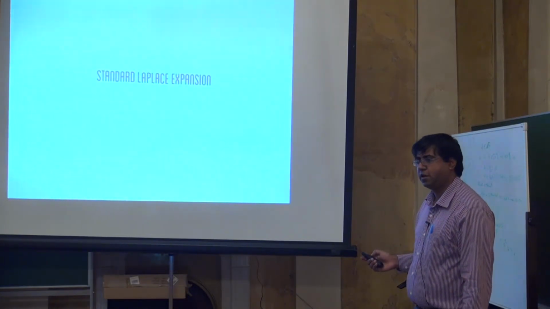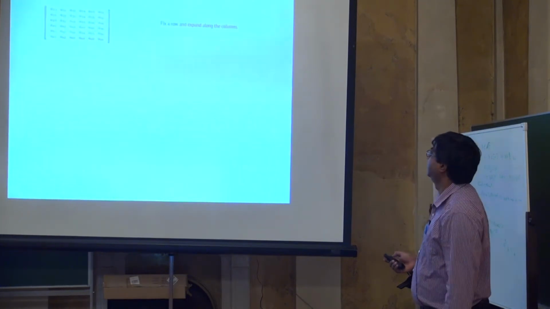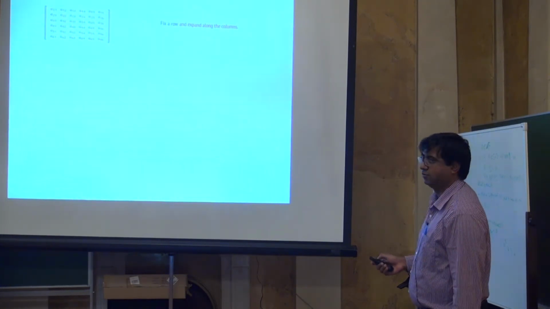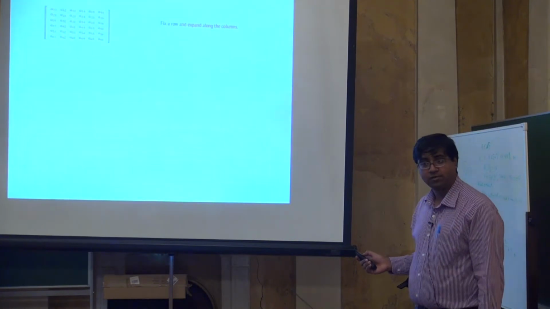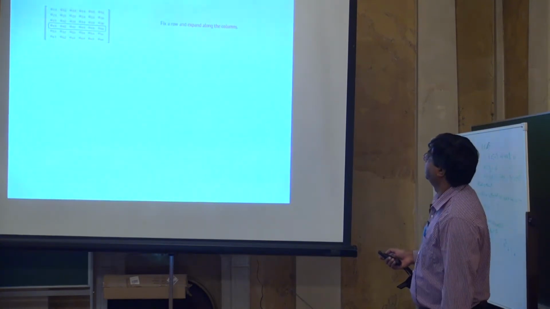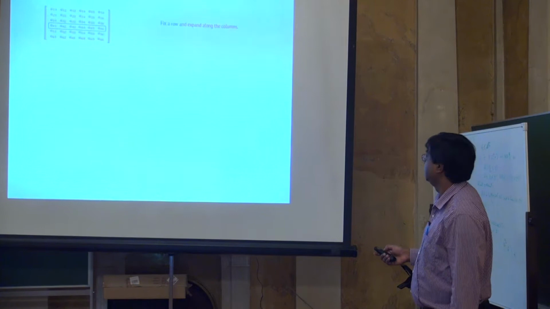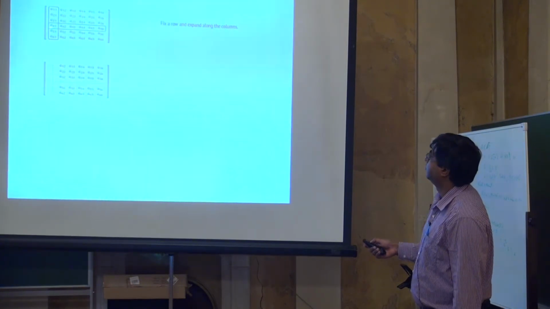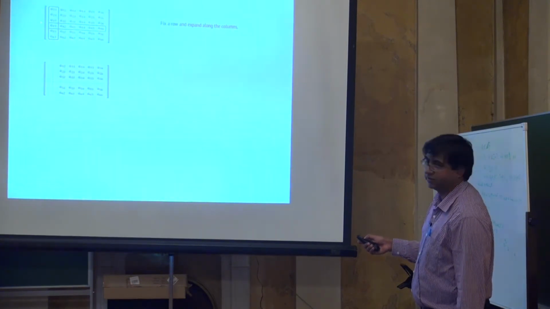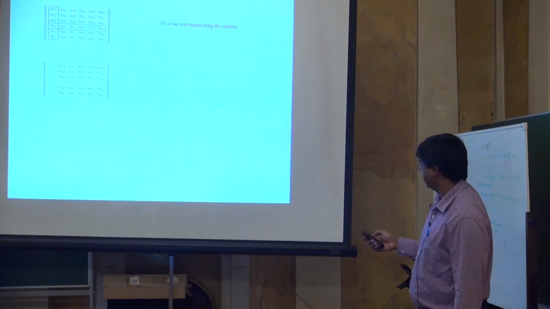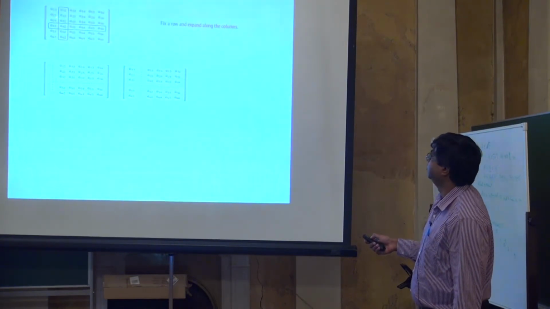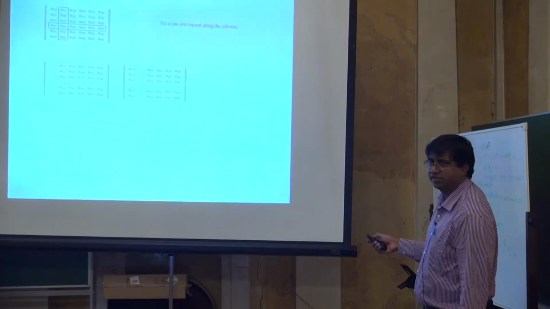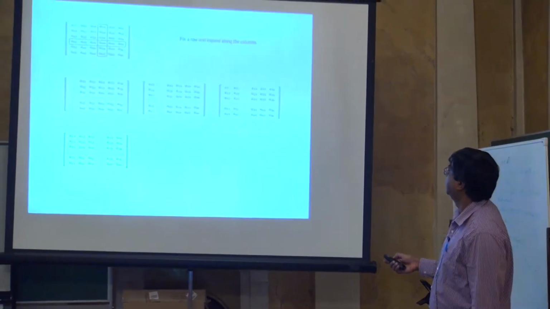How did you people find the determinant in school? You fixed a row and expanded along the columns, right? This is the way you did. So suppose I fixed this row. You first fix this A41, delete its row and column, then you did something, some computation here.